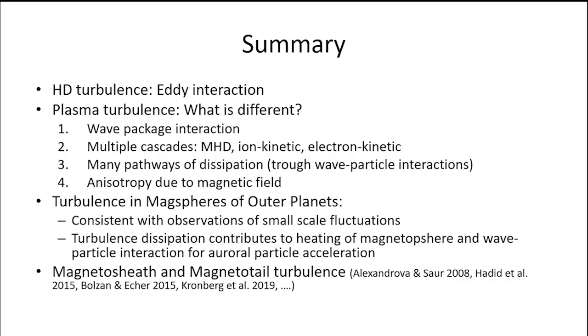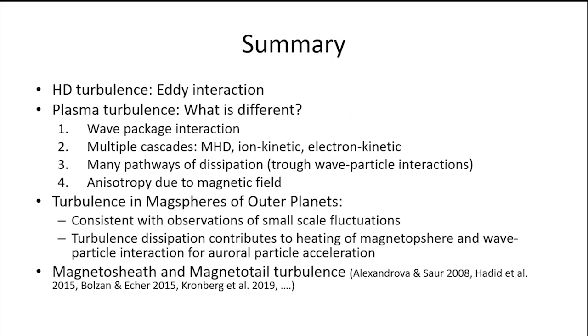Dissipation is usually through wave-particle interaction. There's a multitude of resonant and non-resonant wave-particle mechanisms. So there is a much larger possibility of how energy is irreversibly converted into heat and particle acceleration in plasmas. And we have the anisotropy due to the existence of a background magnetic field.